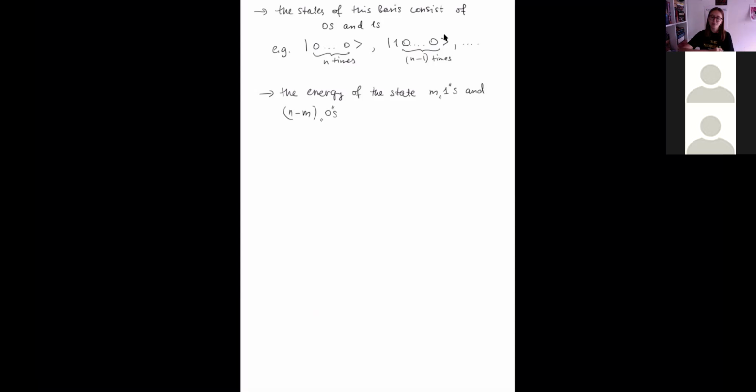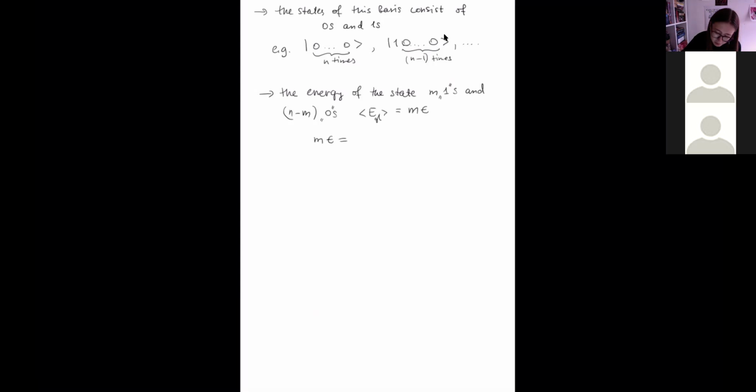Then if we have a state which has m qubits in the state 1 and n minus m qubits in the state 0, the global energy would be just m epsilon, because it is only the qubits in the state 1 that give you a contribution towards the global energy.